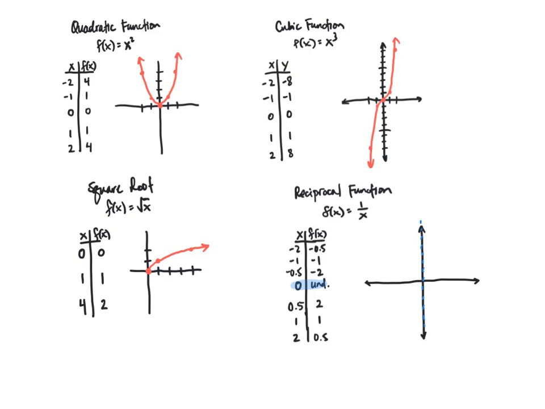And then when you graph your points, you're going to have negative 2, negative 0.5, negative 1, negative 1, negative 0.5, negative 2. And then you're going to have 0.5, 2, 1, 1, and 2, 0.5. So you can see this graph looks like this.